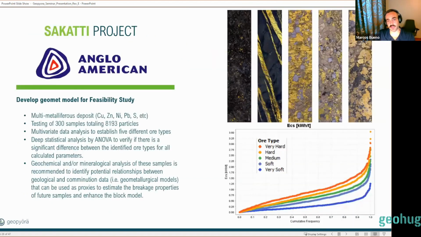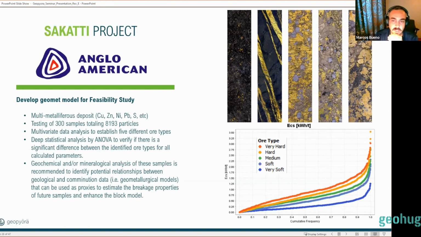And then there was the Sakatti project for Anglo American here in our backyard in Lapland. It's a multi-metalliferous deposit that's being developed by Anglo American. There you can see some drill core scanning pictures from their drill cores. It's a highly variable deposit. They sent us 300 samples at 1 meter intervals.